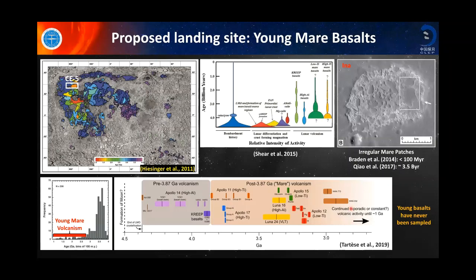But we do know that there was some young volcanism on the Moon. Using Hiesinger et al.'s global age distribution map of mare basalts, you will see that the youngest mare basaltic unit is south of Aristarchus Plateau, and its age is 1.0 gigayear.